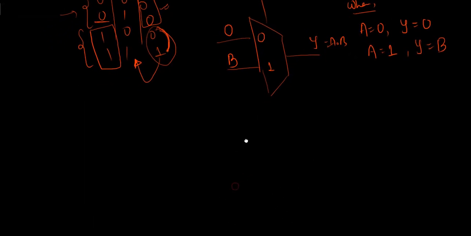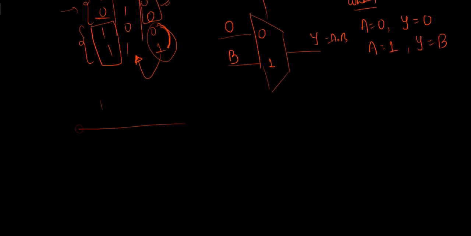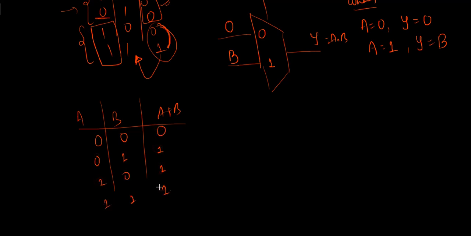Let me design the same, but for the OR gate, that is A plus B. So the inputs should be 0, 0, 0, 1, 1, 0 and 1, 1. My output will be nothing but 0, 1, 1, 1. So how will I draw it? Say A will be my select line, and my inputs will be 0 and 1.